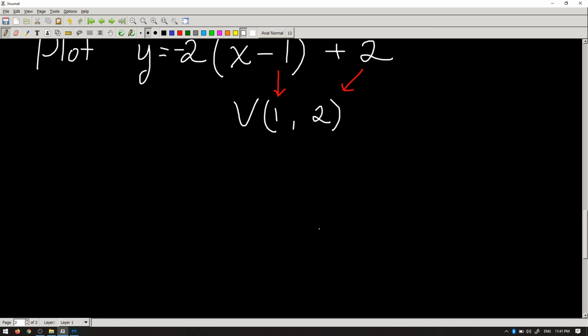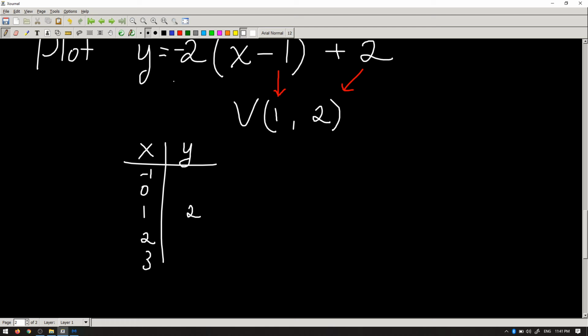Where does that go? That goes in the middle of the table. And so I have 1, 2 in the middle. I go backwards in the x, 0, negative 1. I go forward in the x, 2, 3. And then to get the missing y values, I plug in those x values on the left.